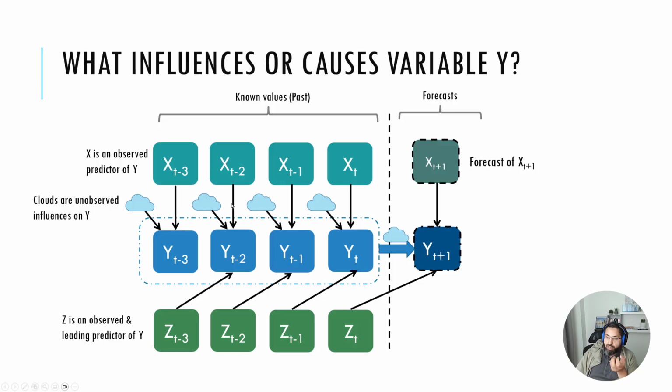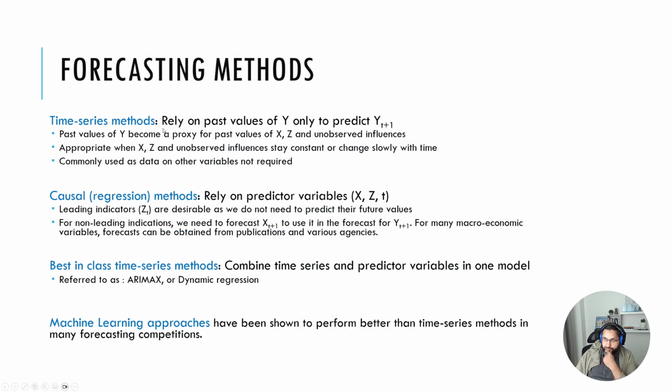And then there's always going to be unobserved things affecting your variable of interest, which you don't know about, which are referred to by clouds. There's also going to be some unexplained parts. So that's why your forecast is never going to be 100% accurate. And so that's the noise in the data, or the unique aspects that happen in every time period that are not driven by old data or historical data.